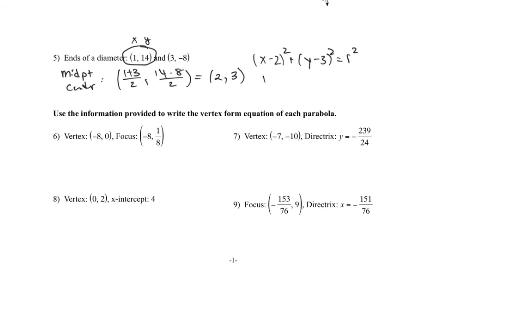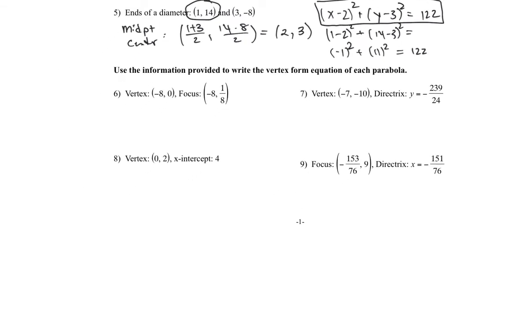So we'll say 1 minus 2 squared plus 14 minus 3 squared. This is negative 1 squared, or just 1, plus this is 11 squared, which is 121. So that would add up to 122. And so we'll end up basically replacing this with my 122, and that's what I want.